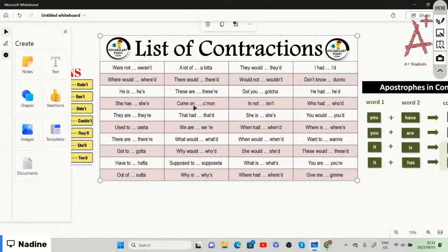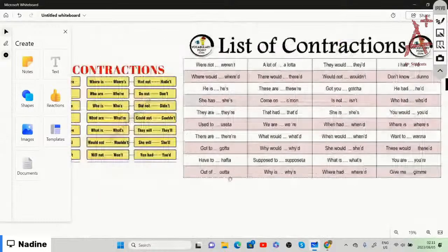These are, these're. Come on. That had is that'd. And let me just do the last one, which is we are, we're, right? And of course, there are more contractions that we can identify.